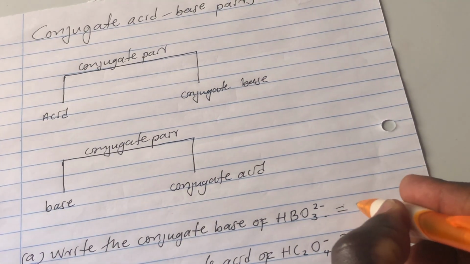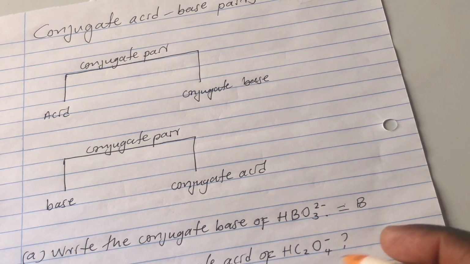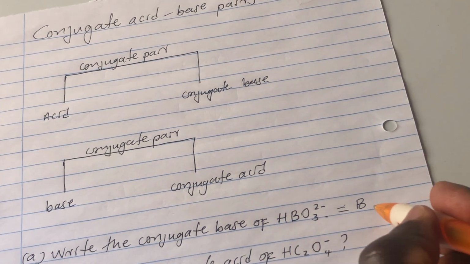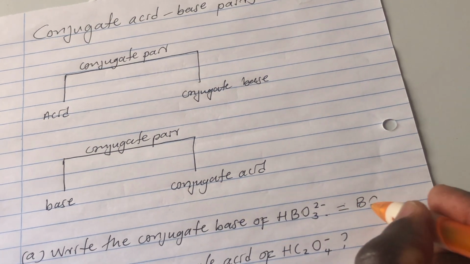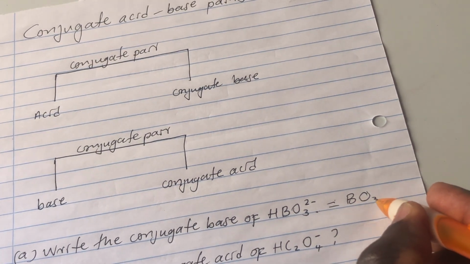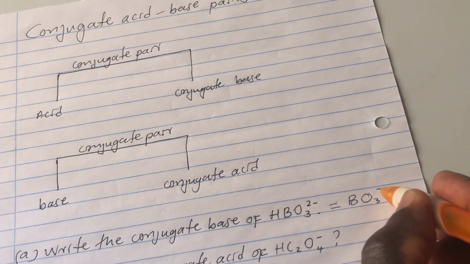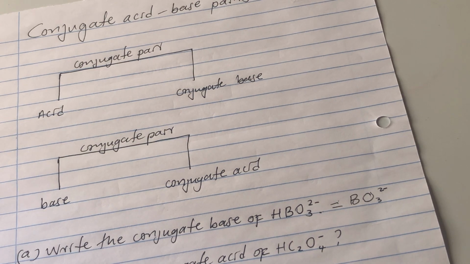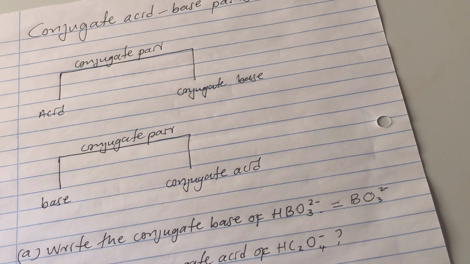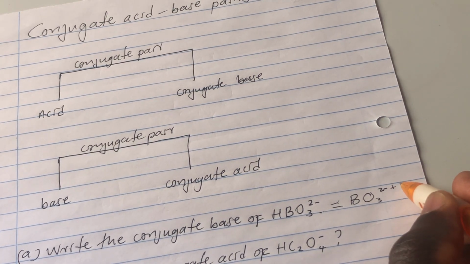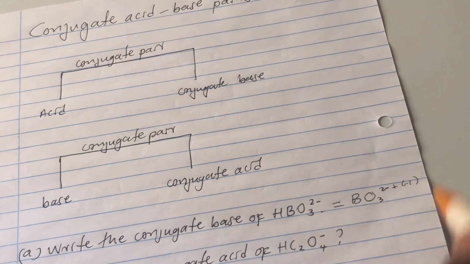It will become B, O, 3, 2 minus, because it has given away H plus. Because it has given away a proton, we'll add minus 1 here.